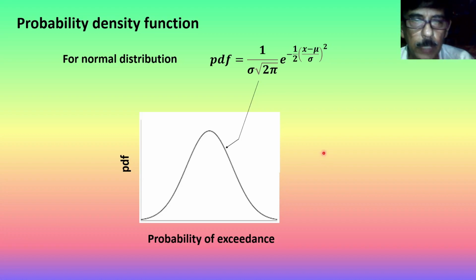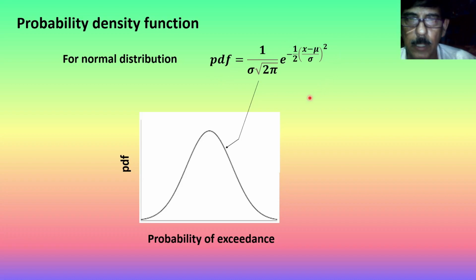Because you test the material and you get so many results, maybe 10,000 results, and out of that you want to arrive at a definition of the strength of that material, you have probability coming into the picture. If you have a normal distribution of the values, that is, the values are equally distributed about the mean, then it is called a normal distribution. In that case, a probability density function is a parameter which will be defining your probability.